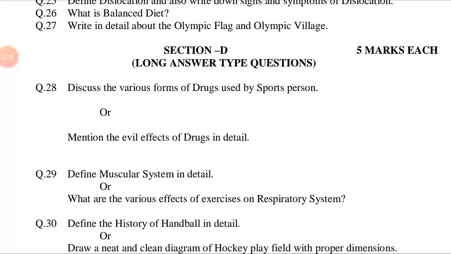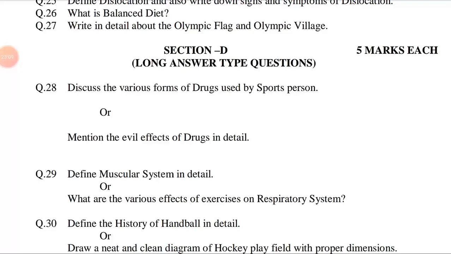Olympic flag means the answer may be who prepared the Olympic flag, in which year flag displayed, in which Olympic games the flag is hosted, how many rings in the Olympic flag, and what kind of message be there in that flag.